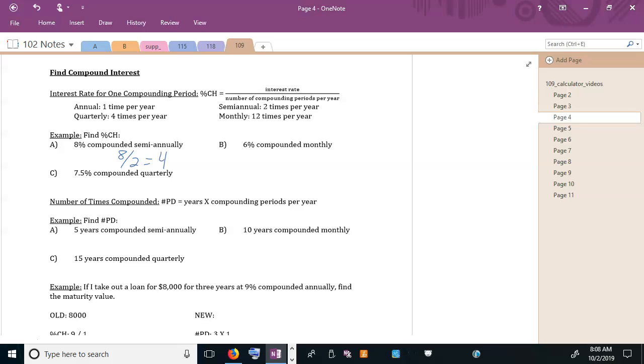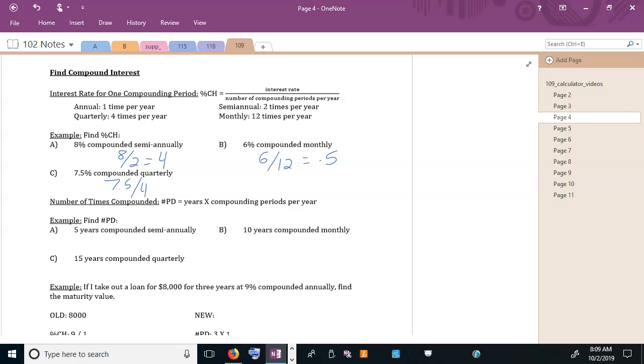If I have 6% compounded monthly, I'm going to take the 6, and monthly is 12 times, which is 0.5. And finally, if I have 7.5 compounded quarterly, I take 7.5, quarterly is 4 times. As we'll see in a moment here, our calculator can do that computation as we go, in case we don't know that number. So that's the first value our calculator will ask us for.